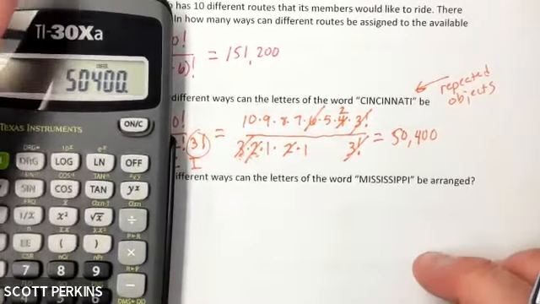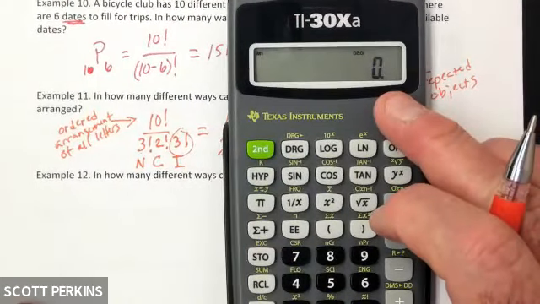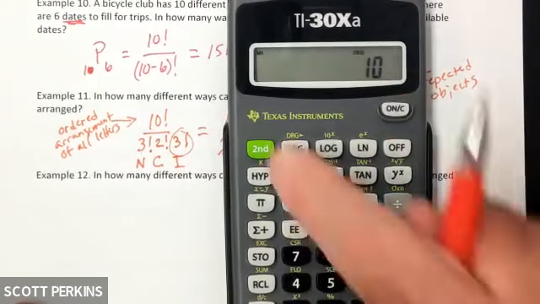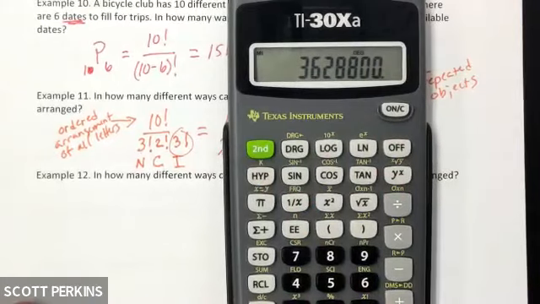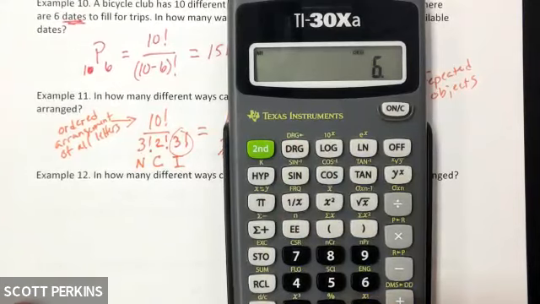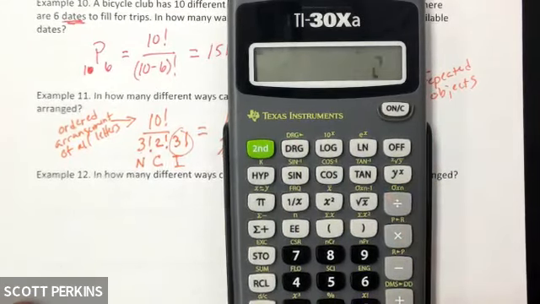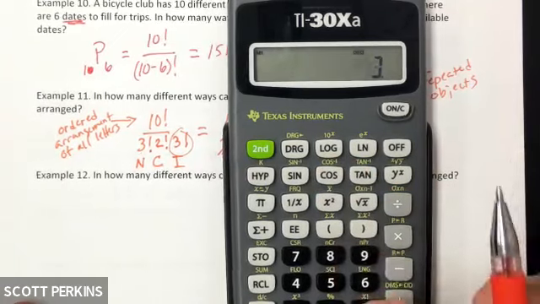Like I said, if you are very confident with your calculator ability, here's what you could do. I've got 10 factorial, so I'm going to do 10 factorial, then divide by 3 factorial, then divide by 2 factorial, which is just 2, then divide by another 3 factorial.